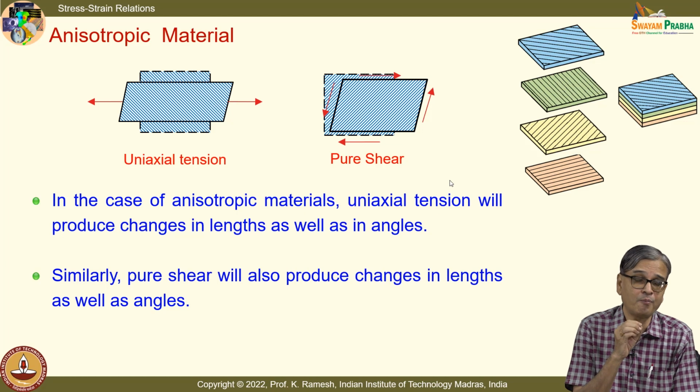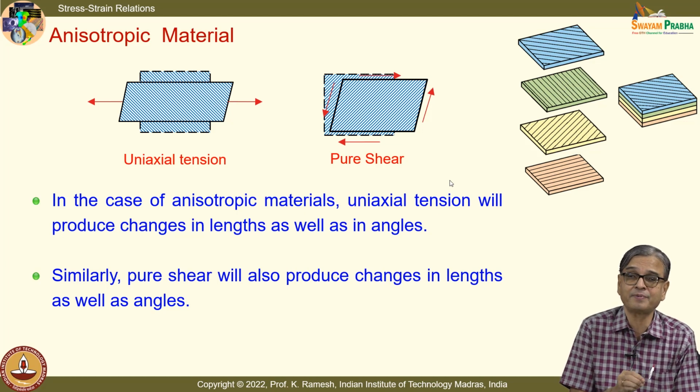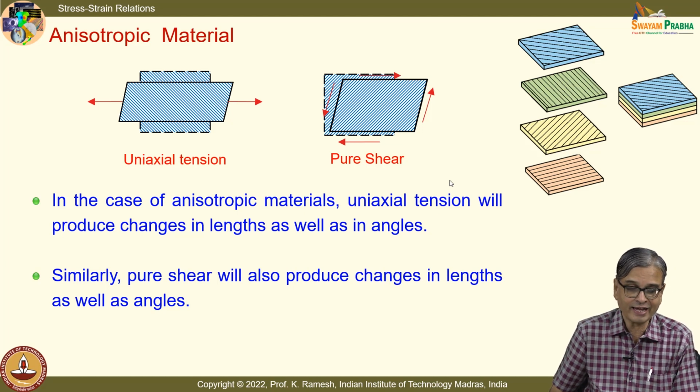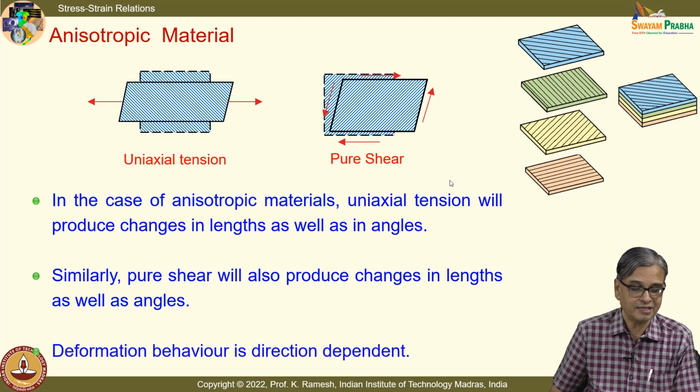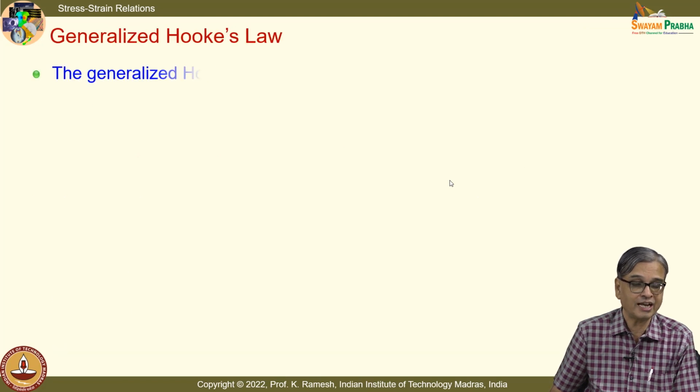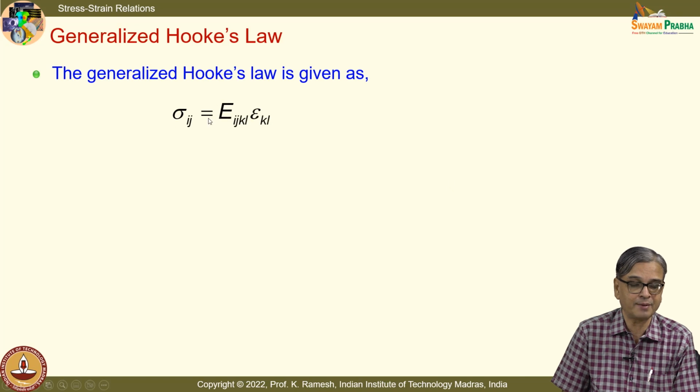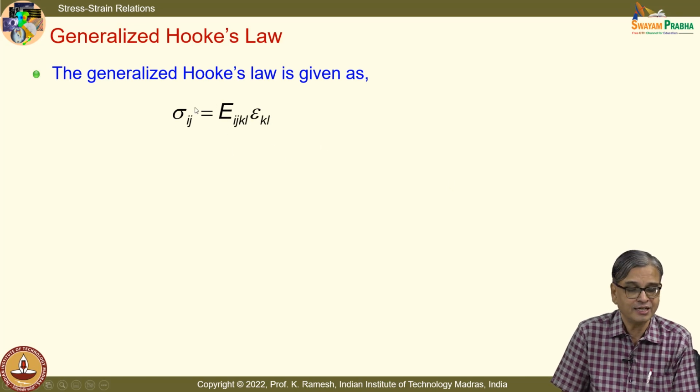And if I have to model this material behavior, then what I have is the generalized Hooke's law, and I am going to write it in indicial notation. I have sigma ij, i goes from 1 to 3, j goes from 1 to 3, and I have in general 9 stress components.